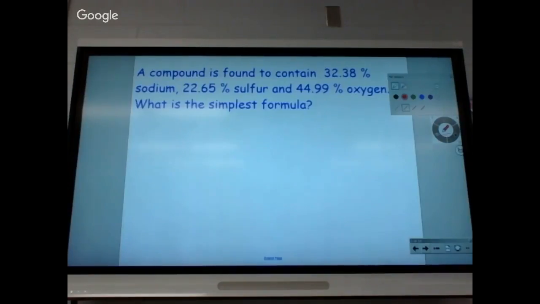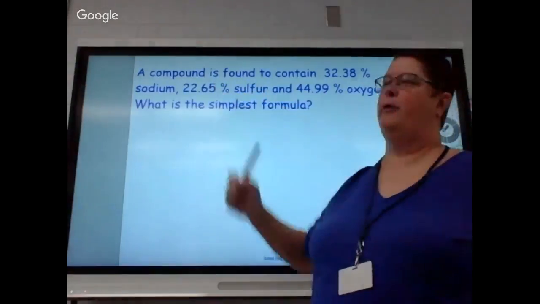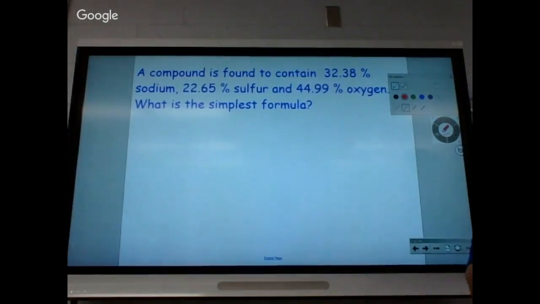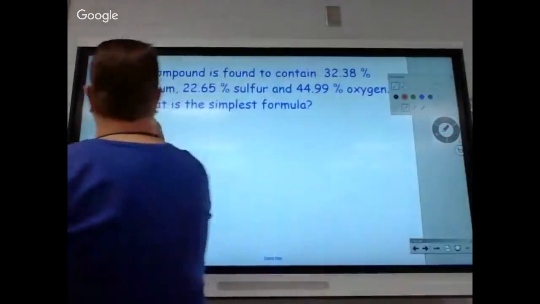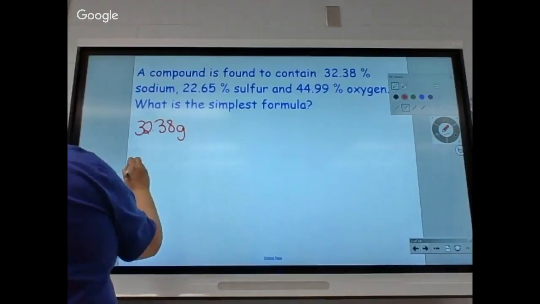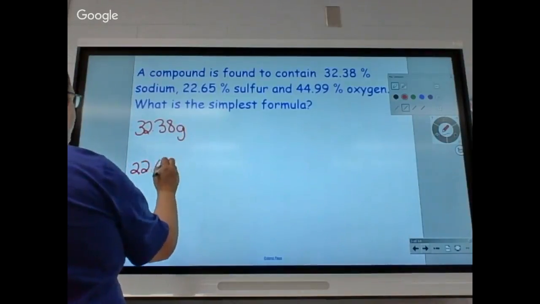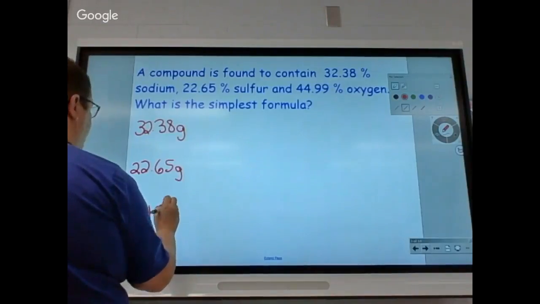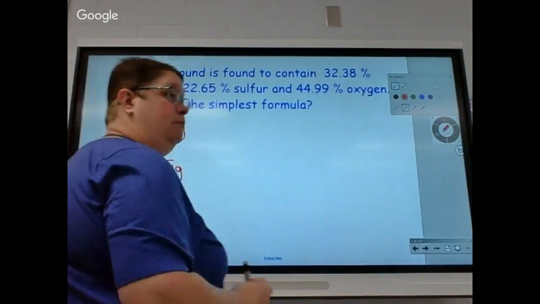If we add all 3 of these numbers together, what do we get? 100%, right? So we're just going to assume this is a 100 gram sample. So all we're going to do is take the percent off and write grams: 32.38 grams, 22.65 grams, and 44.99 grams.